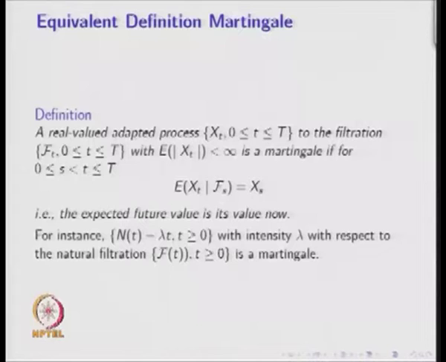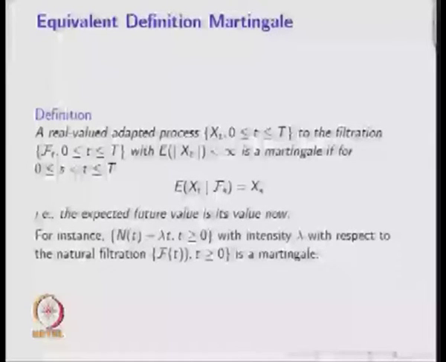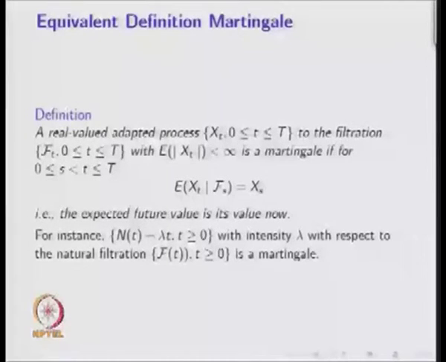An equivalent definition of Martingale is as follows. A real valued adapted process X(t), where t lies between 0 and capital T, to the filtration F(t), with finite expectation, is a Martingale.